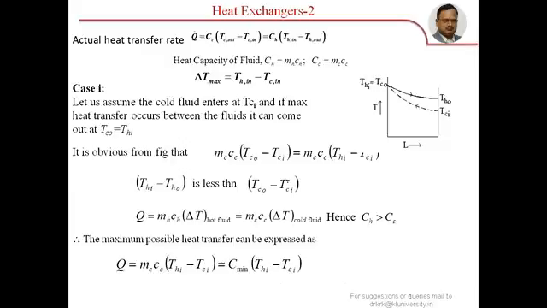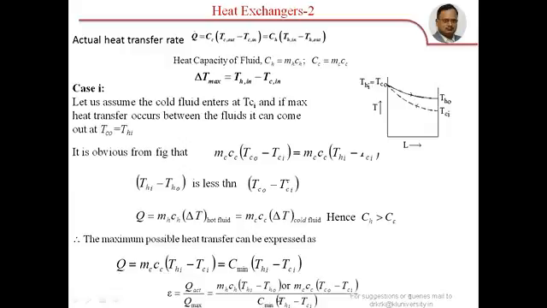So therefore, I can write the equation for effectiveness, Q actual by Q maximum, as MHCH (THI minus THO) or MCCC (TCO minus TCI), divided by Q maximum as C minimum into THI minus TCI. So what is the formula we have obtained for Q maximum? C minimum into THI minus TCI.